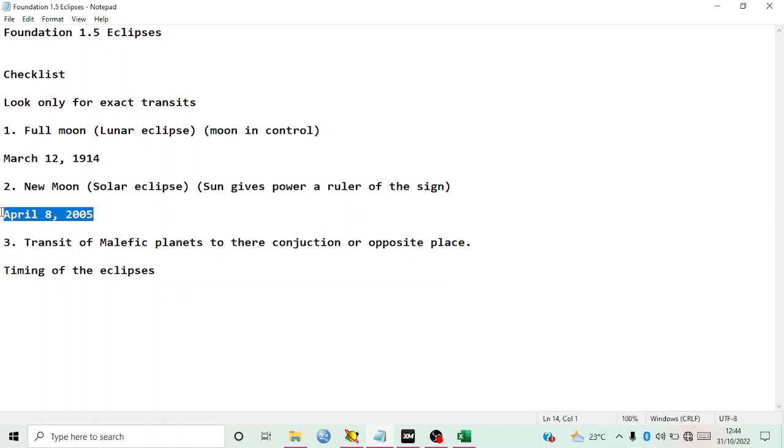However, for the eclipse, both the solar and the lunar eclipse, we expect that the effect should be felt only according to our checklist 3, when there's a transit of a malefic planet, whether it's Saturn or Mars, on the place that is in conjunction or opposite that of the transit of the eclipse on the radix position or the progressed position of the axis of the general significant factors. So that will provide the timing.